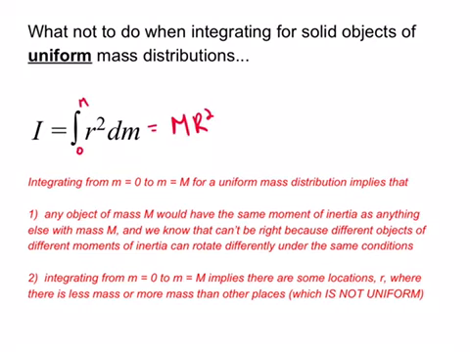Secondly, integrating from 0 to M implies there are some places where there is less, even 0, or more mass than other places. And that completely goes against what a problem would say where the mass is uniform. So now you're probably thinking, well, how do we integrate this then? And the answer here is it depends on the shape of the mass distribution we're talking about. In the following slides, we'll integrate some common shapes that you'll see.